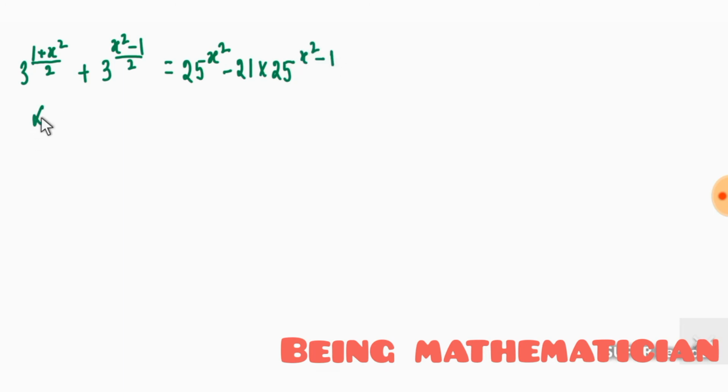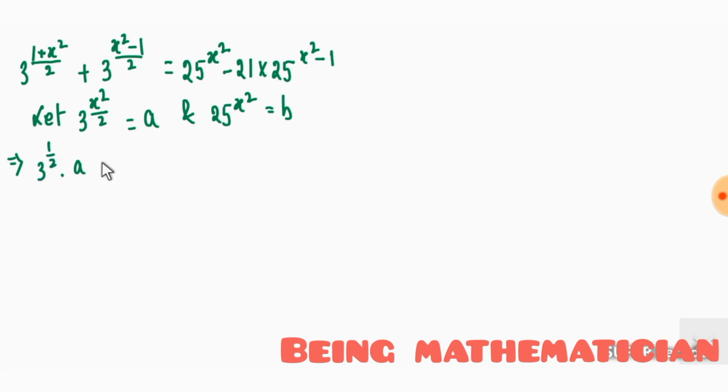Therefore, let 3 to the power x square by 2 be equal to a, and 25 to the power x square be equal to b. So we can replace the value in the equation. We get 3 to the power 1 by 2 into a plus a into 3 to the power minus 1 by 2, which is equal to b minus 21 into b into 25 to the power minus 1.